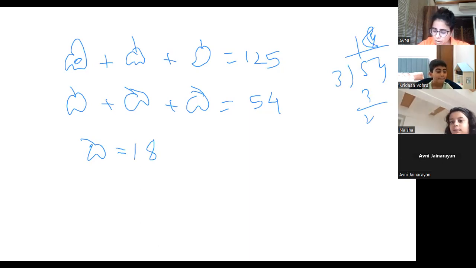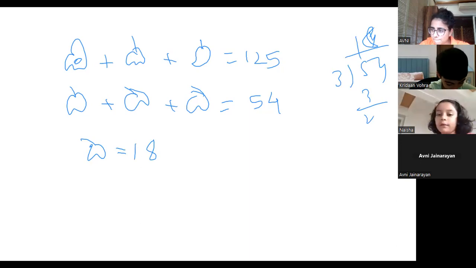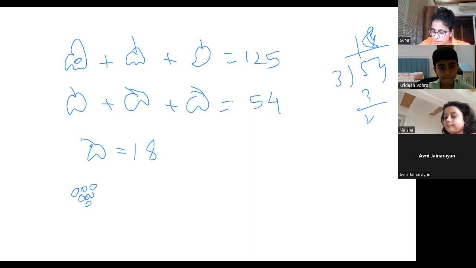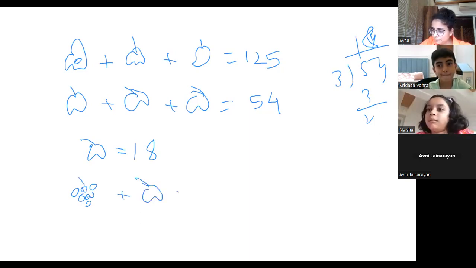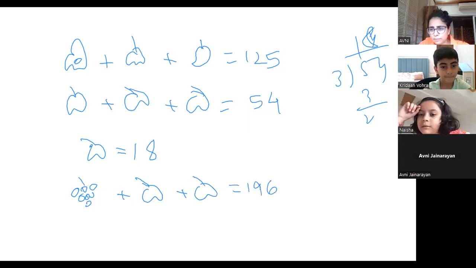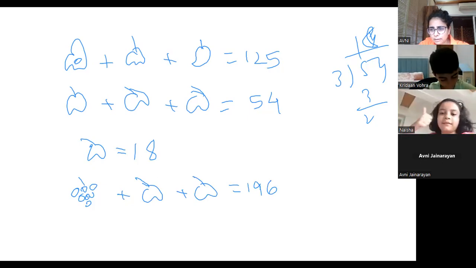ठीक है? उसके बाद, I will take another equation which has apple in it and another unknown. So it was grapes plus apple is equal to 196. How many of you wrote this equation? किसी ने लिखा ये वाला equation? Good job, Naisha. So now can you tell me the value of grapes?